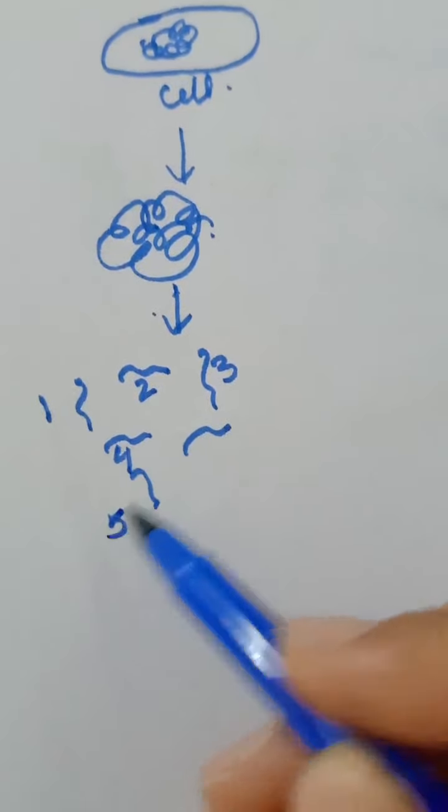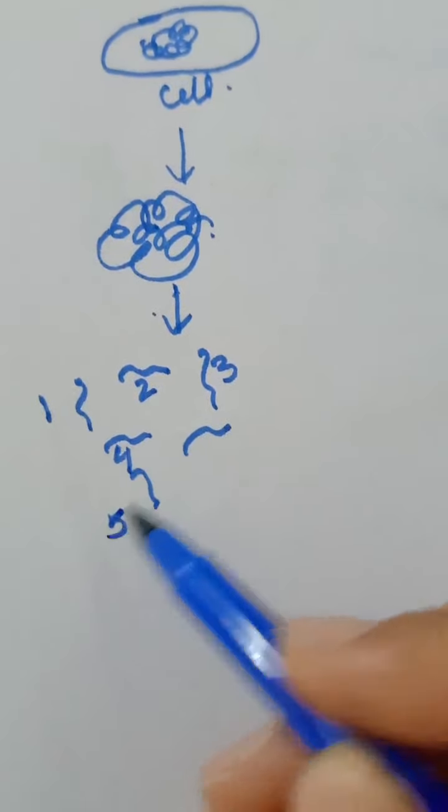These are DNA fragments after shearing. Means this is a cell, we have isolated the DNA, and after that, by using restriction enzymes, we cut this DNA into different fragments.